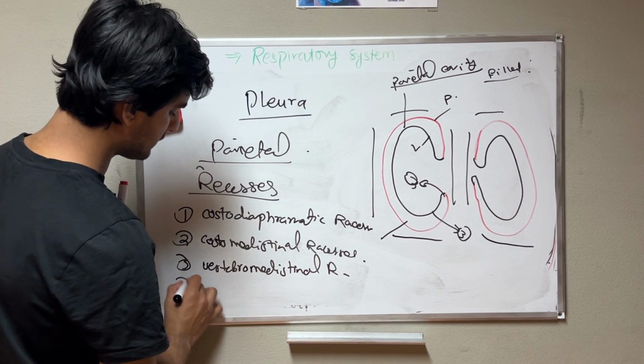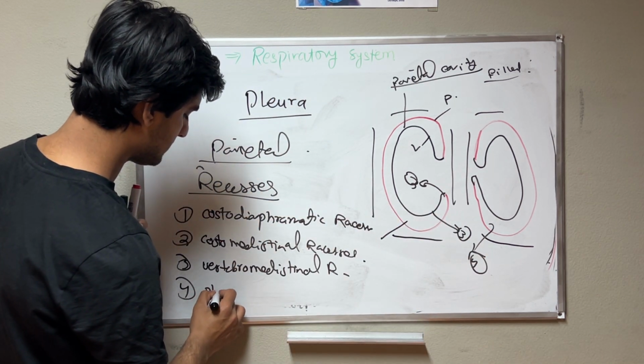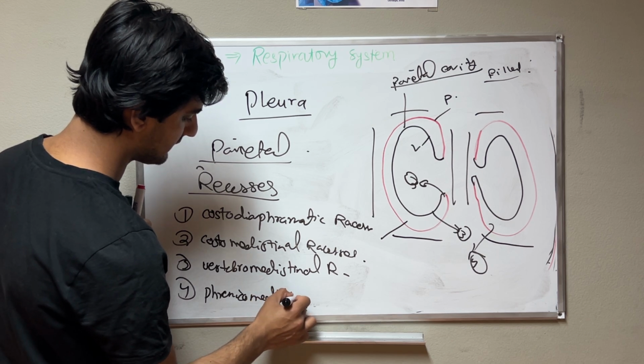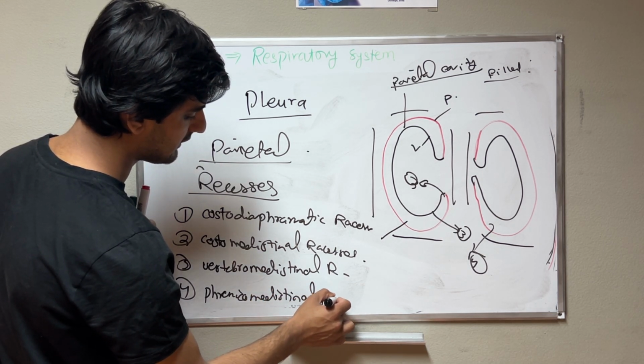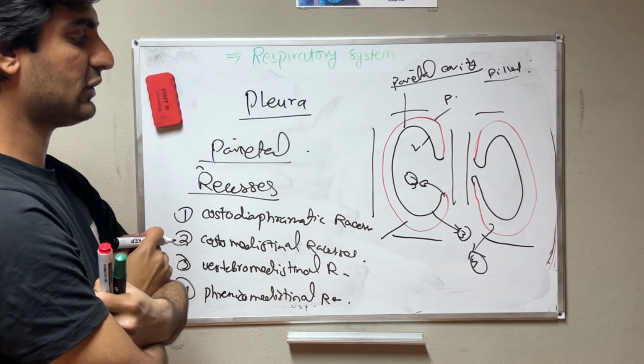Okay, and fourth we have the phrenico-mediastinal recess. These are the small narrow spaces which are located in the pleura of the lung.